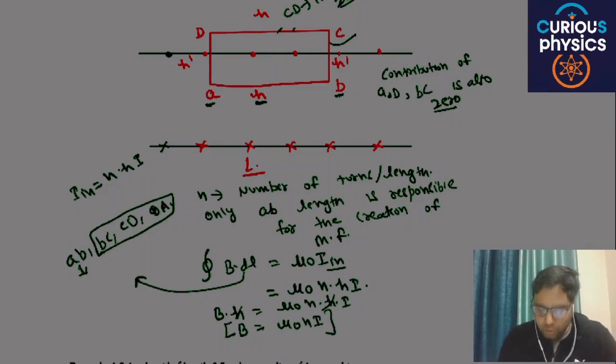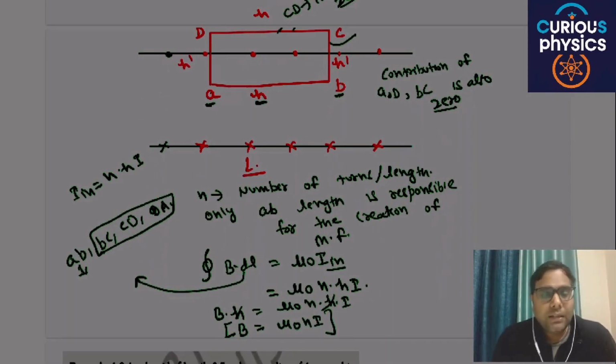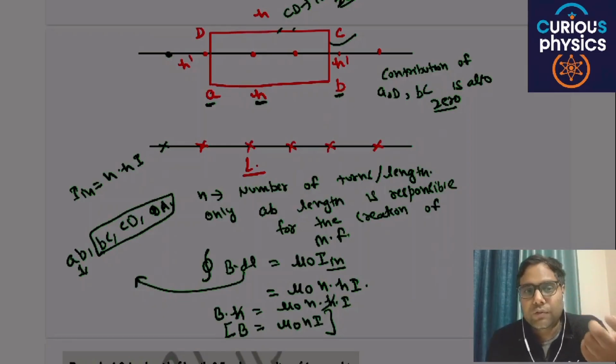This is how to get the answer. There will be no rectification. The basic conceptual clarity should be there. What is mu naught n I and how to find the answers? Because in your questions, you have to find out whether small n is given or not. What is small n? If small n is not given in your question, you have to find the value of small n.